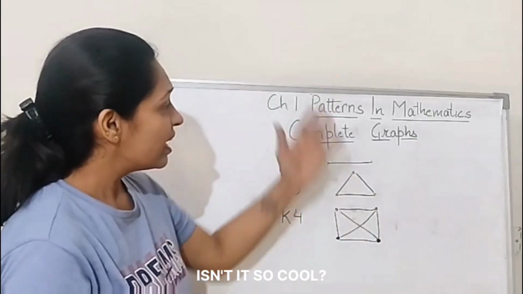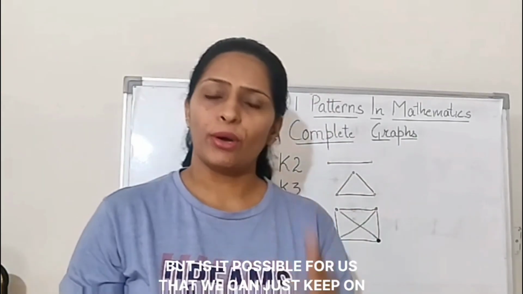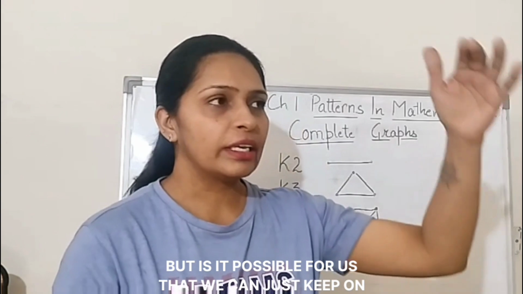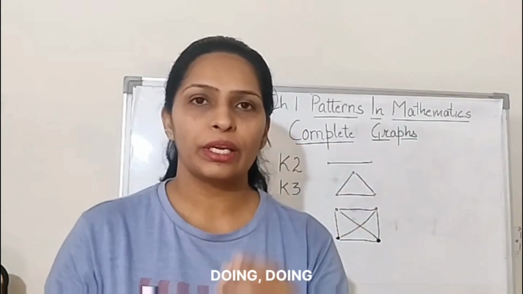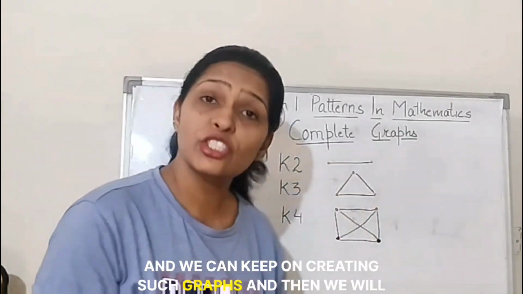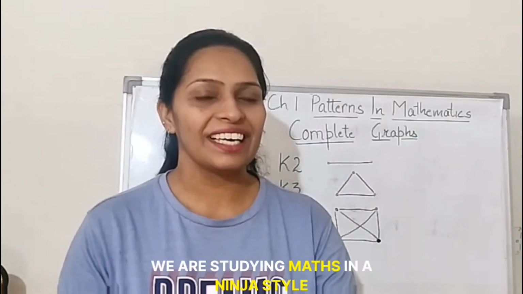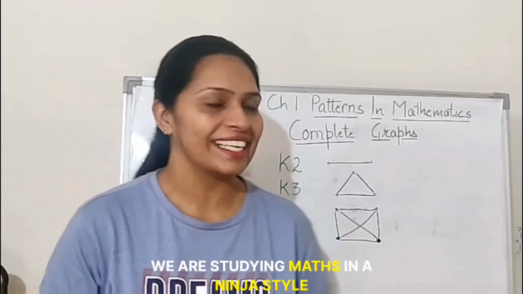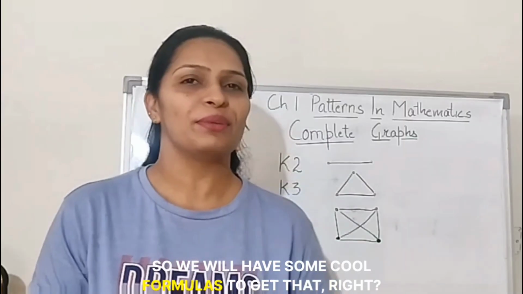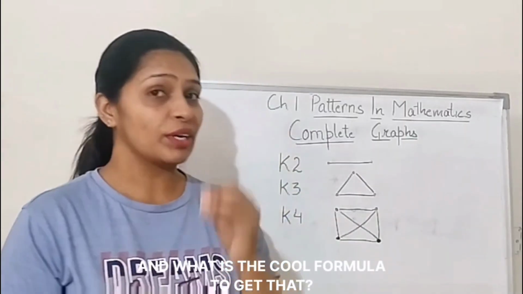Isn't it so cool? But is it possible for us to just keep on creating such graphs and then check? Don't worry, we are studying maths in a ninja style, so we will have some cool formulas to get that, right? And what is the cool formula?